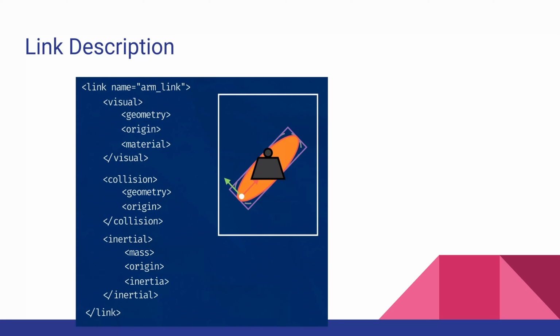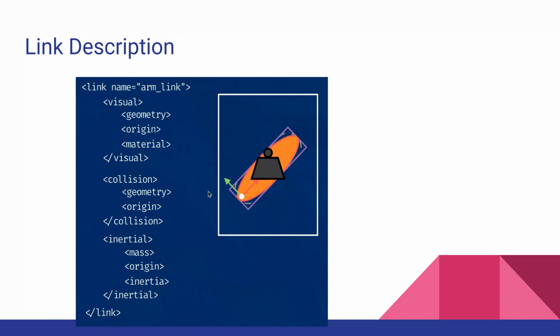Then we go ahead and describe the link itself. Suppose my arm looks something like an elliptical shape, right? We have to describe three different properties of the link itself. First, how does it look visually, what is its origin, and what is its material, inside the visual properties.